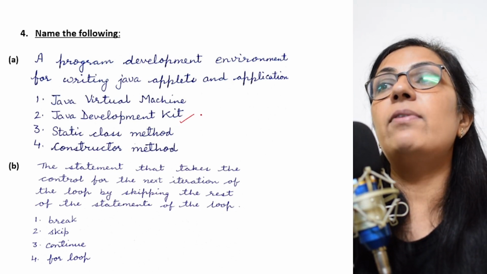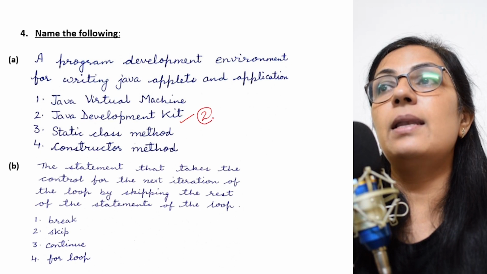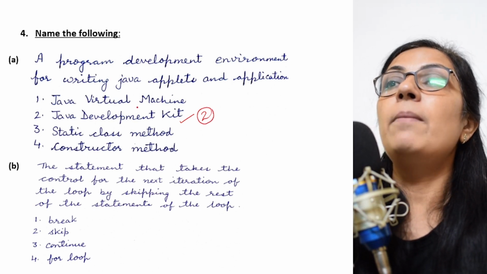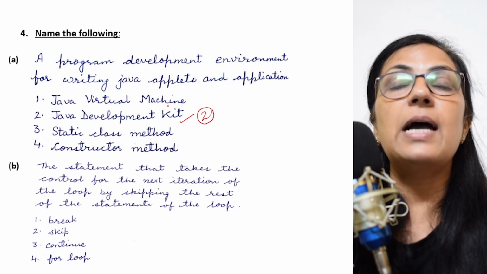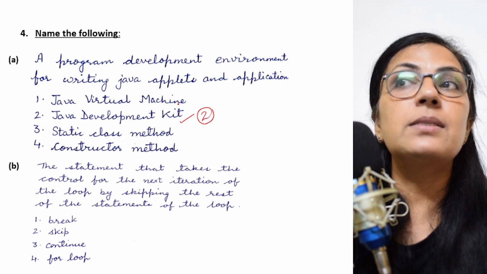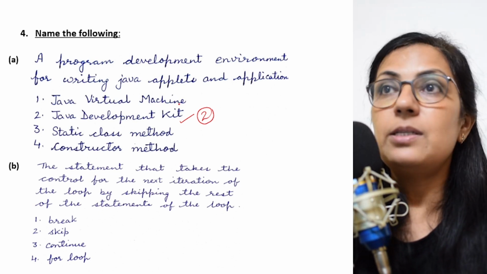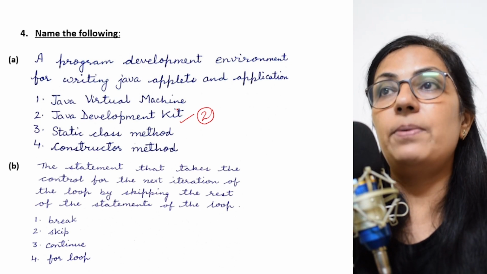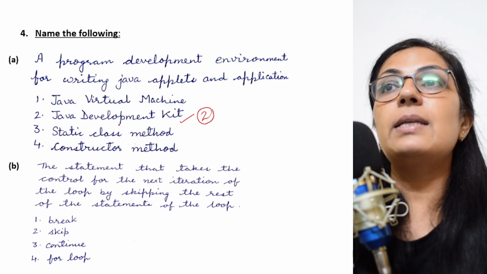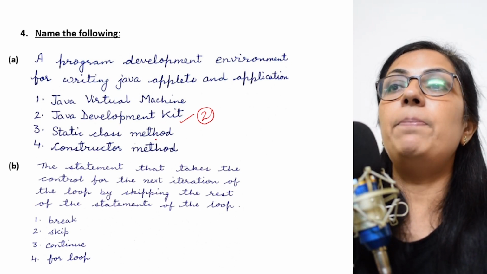So here Java Development Kit is the correct answer, option 2. Please don't get confused with Java Virtual Machine. It is the Java interpreter. Java Virtual Machine is the Java interpreter, right? So the correct answer is Java Development Kit.